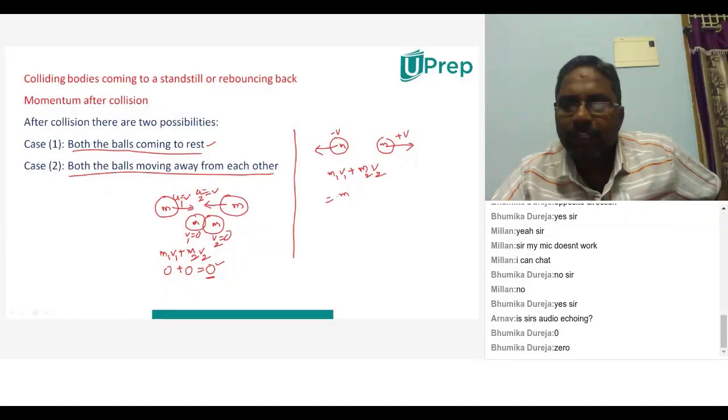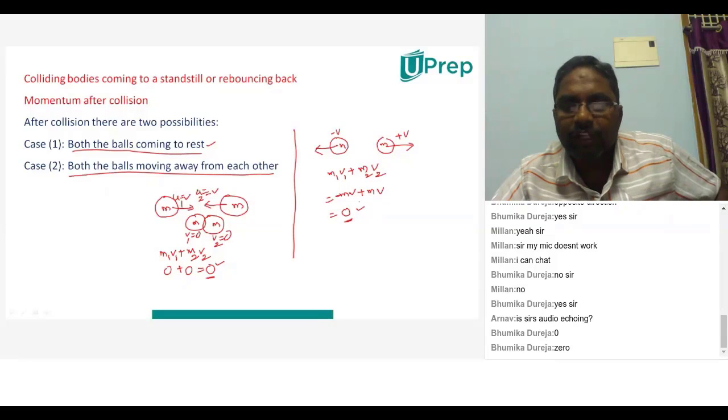So I'm writing minus v, plus m2, the mass of the second object, m, and v2, the final velocity of the second object, which will be v here. So minus mv plus mv will become 0. Now also the total momentum of the system will be 0.